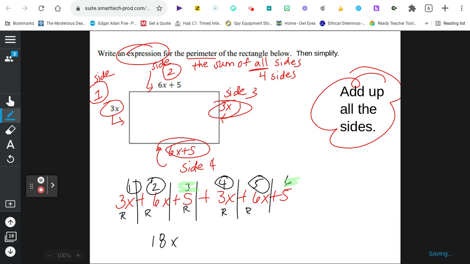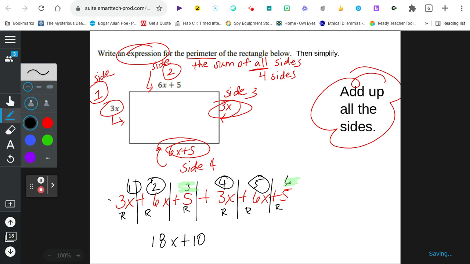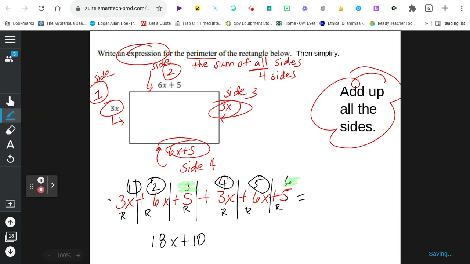So that's 5 plus 5, which is 10. So the simplified expression is 18x plus 10. And that represents the perimeter. Well, both of them represent the perimeter of the rectangle. It's just that one of those expressions is in simplified form and the other one isn't.